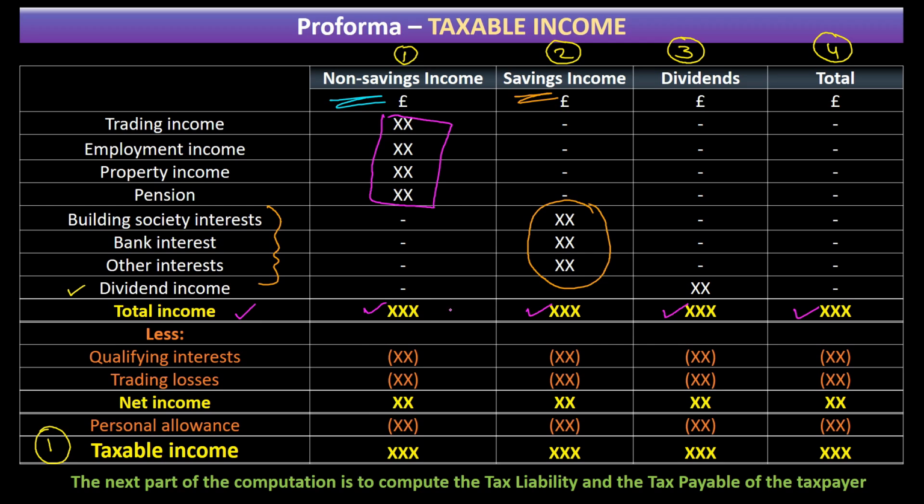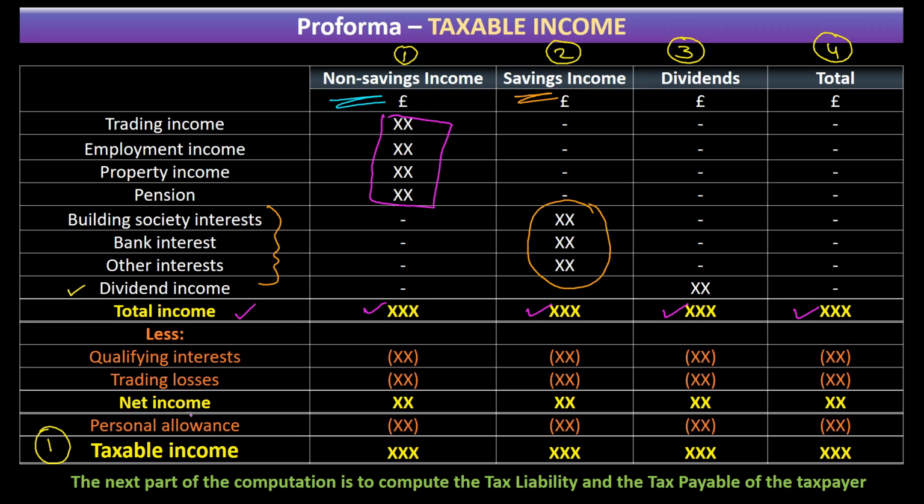As we discussed earlier, we will deduct qualifying interest and trading losses from our total income, and that's how we will get net income. And from the net income we will deduct personal allowances, and finally we will get our taxable income.